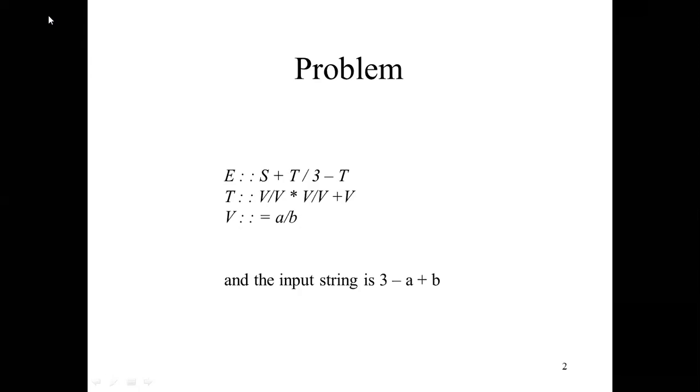Okay, what type of result we want, then as per need we will choose the grammar, as it is already mentioned in the problem. So here the value of E, we can choose either S plus T or 3 minus T. Okay, this is the given grammar in the problem.